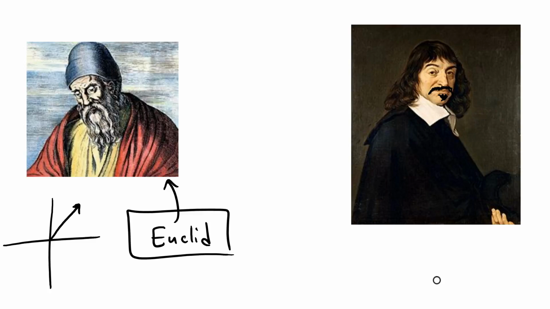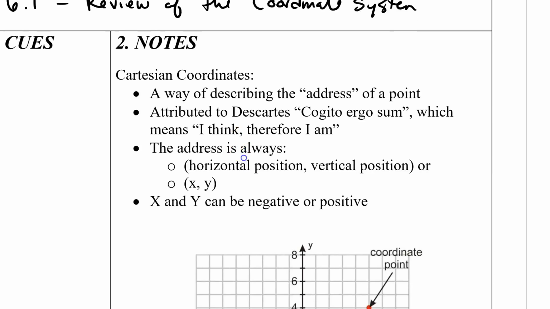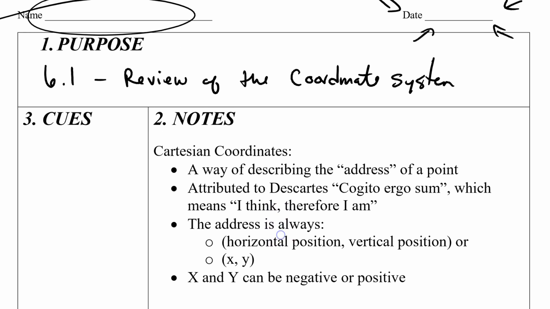He's been attributed the phrase cogito ergo sum, which means I think, therefore I am. But when we're talking about Descartes in a mathematical context, we're talking about the Cartesian plane.